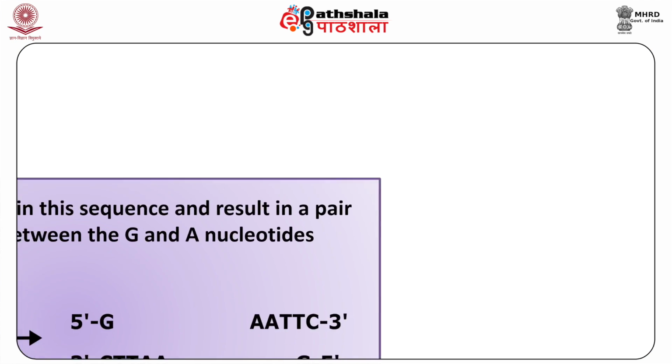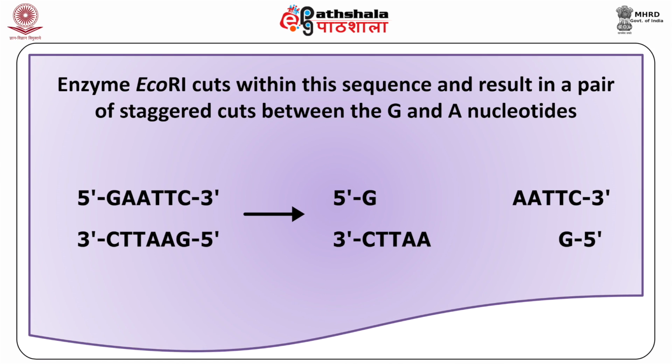The enzyme EcoRI cuts within this sequence and results in a pair of staggered cuts between G and A nucleotides as shown. Such an uneven cleavage is called a staggered cut and leaves a pair of non-identical single-stranded sticky ends.